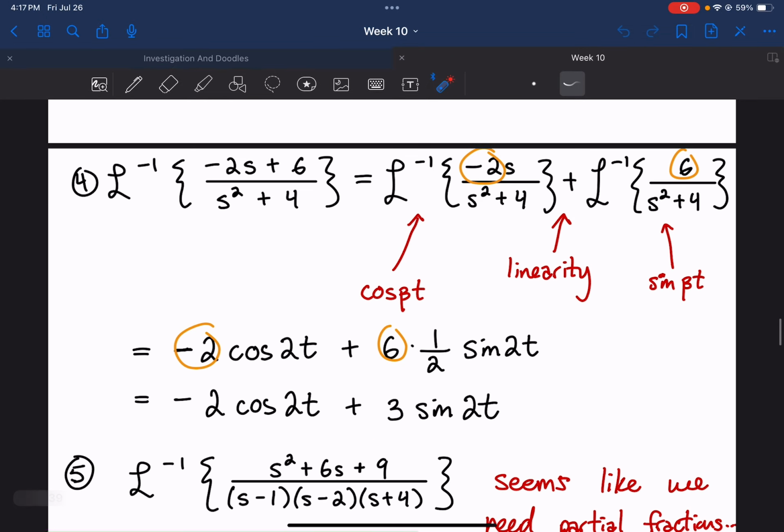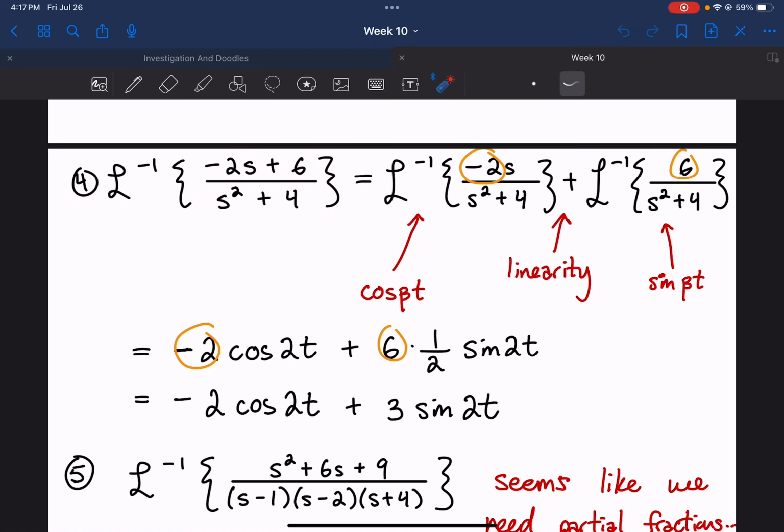Number 4. Laplace inverse of negative 2s plus 6 over s squared plus 4. We can split this over the addition in the numerator. And L inverse is still linear, so if I split this over addition, I can split the outside over the addition too.